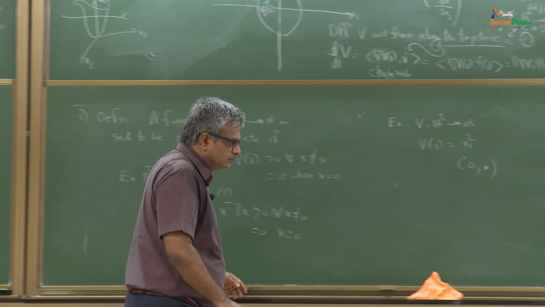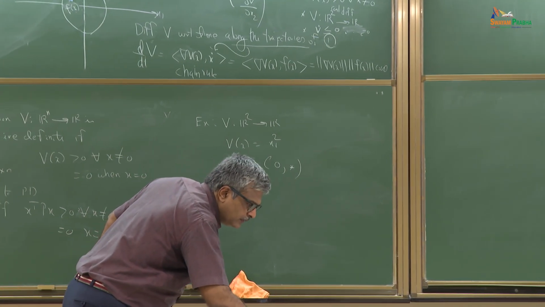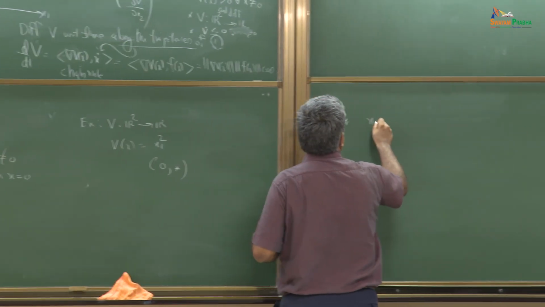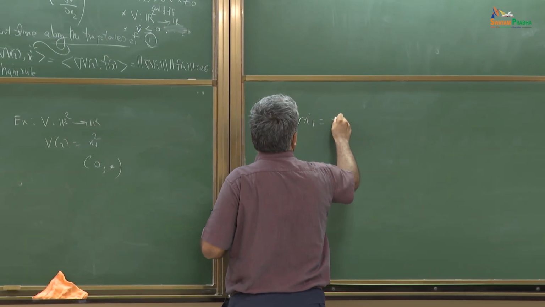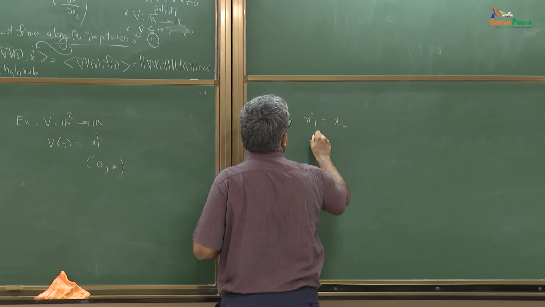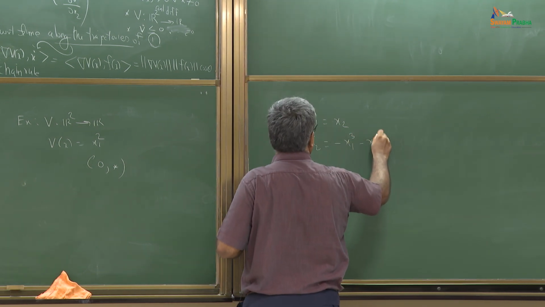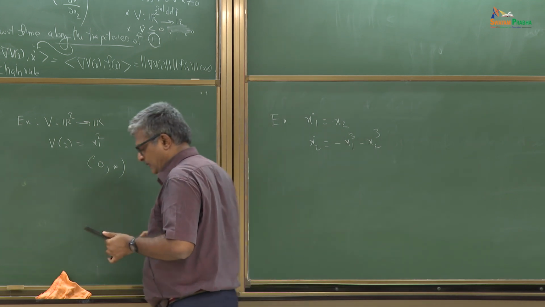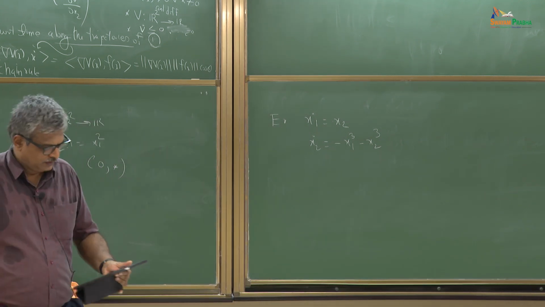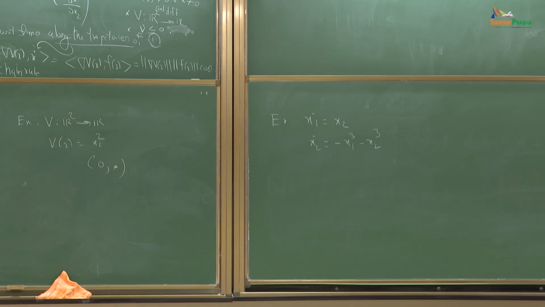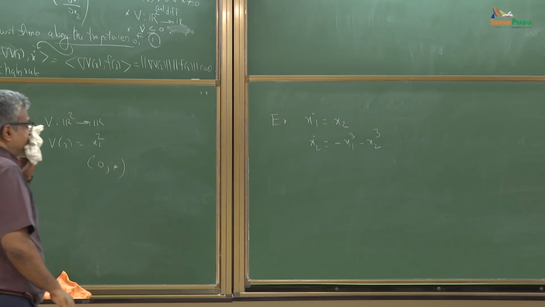So you have to be careful about that. Yeah, maybe I'll do one more example. Okay. So there is only one equilibrium point, that is the origin.